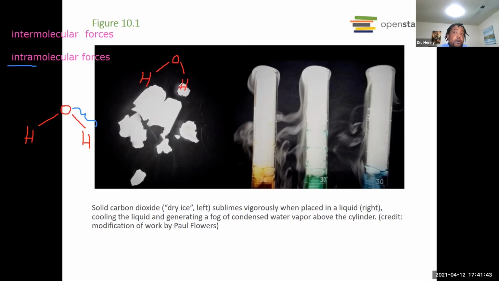Right? We know that water is a polar molecule, so it has a partial positive and a partial negative moiety, or a pole. So if we have two water molecules, what's going to happen when the partial positive gets close to the partial negative?